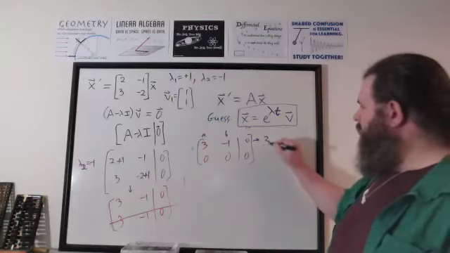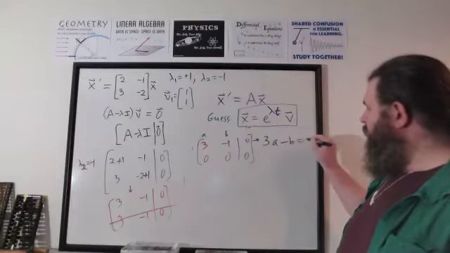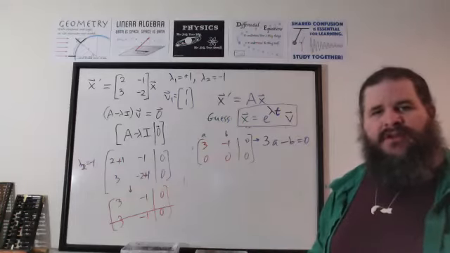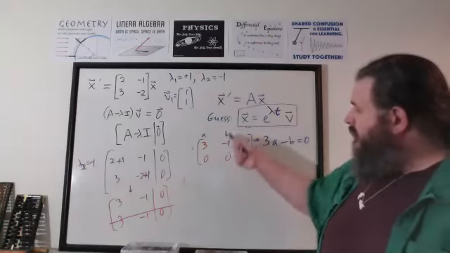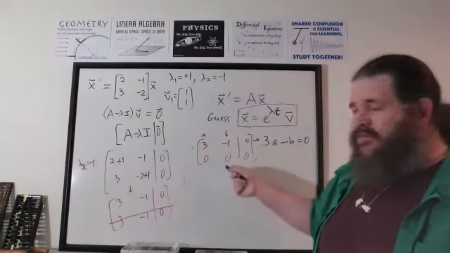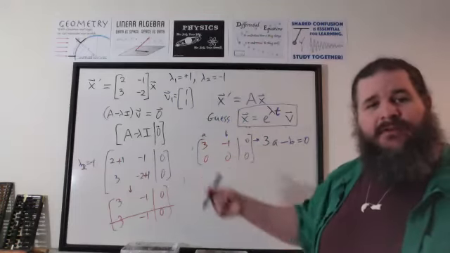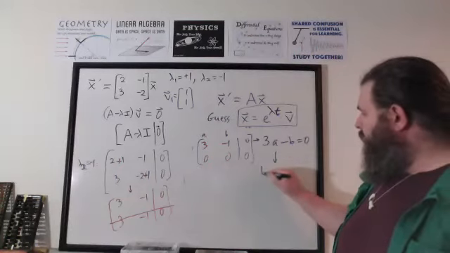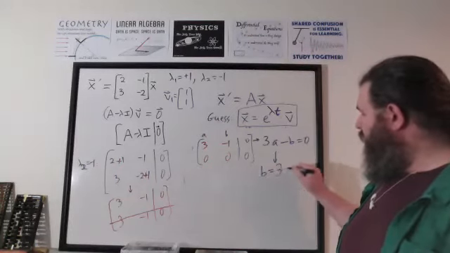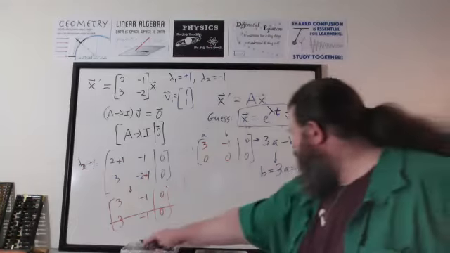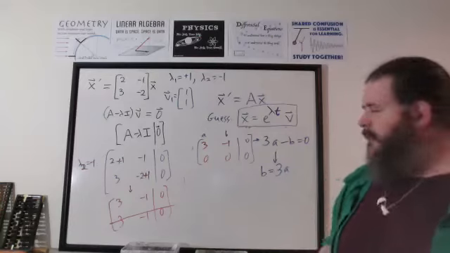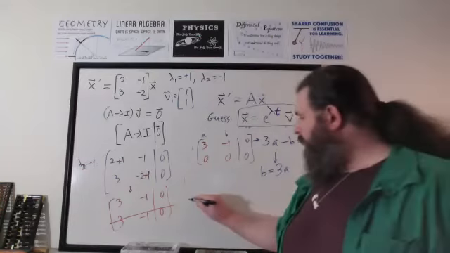Yeah, 3 times A minus B equals 0. And you could solve this for either variable. Traditionally, we usually think of the column without a pivot as the free variable and solve for everything else in terms of that. But in this case, it's probably going to be easier to solve for B, just because then we don't have to deal with any fractions. B equals just 3A, just by adding B to both sides. So B has to equal 3A.